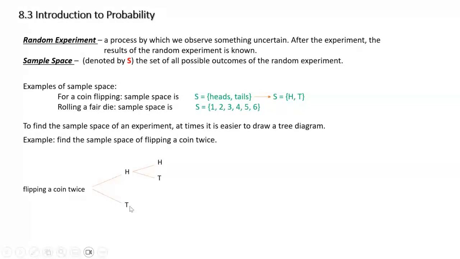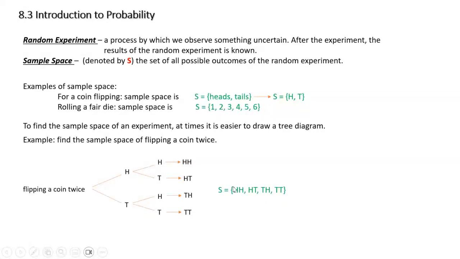If the first toss was tails, then after tails, it can be heads again or tails. So for my sample space, all we do is follow the lines. The sample space will be heads heads, heads tails, tails heads, and tails tails. That's my sample space.